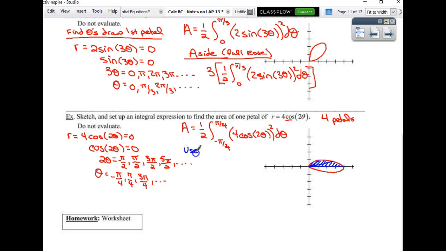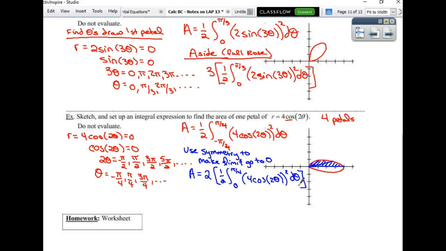If we use the symmetry to make the limit go to 0, what I can do is double my integral and change my limits of integration to 0 to pi over 4 of 4 cosine of 2 theta, squared, d theta.